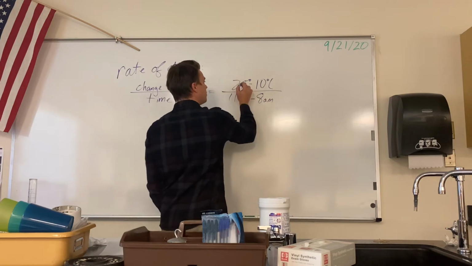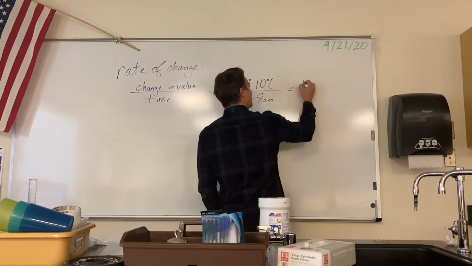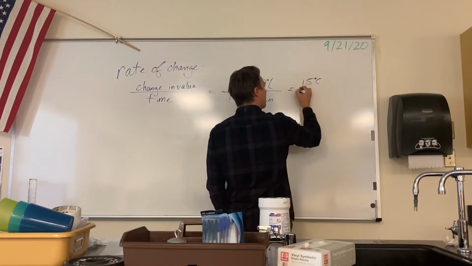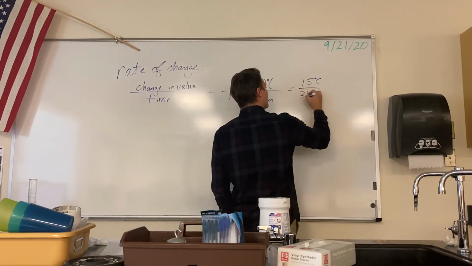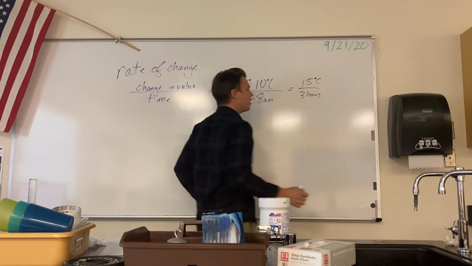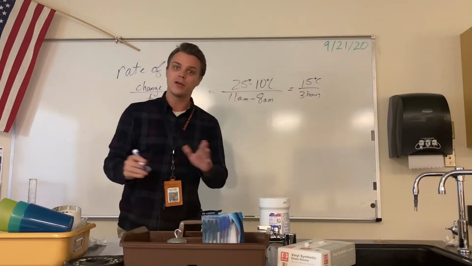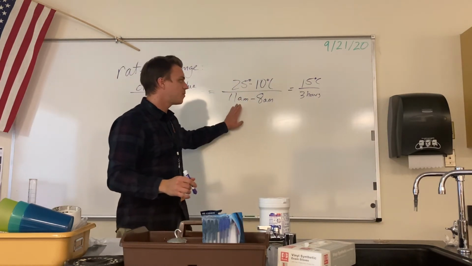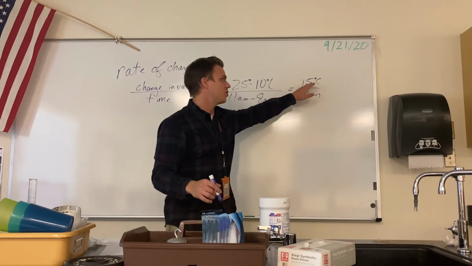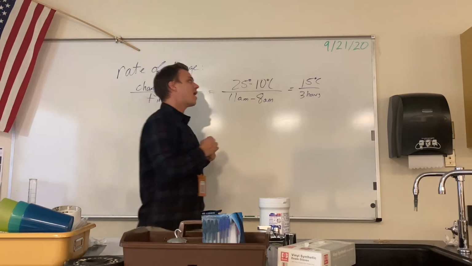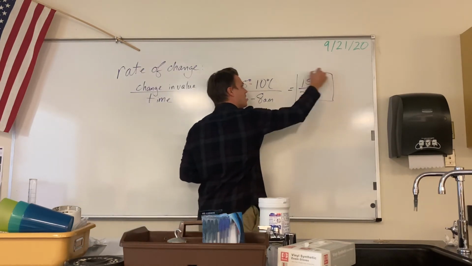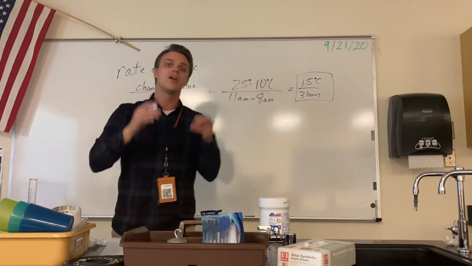If we do 25 minus 10, this is going to be 15 degrees Celsius, and the amount of time between 11 and 8 a.m. is 3 hours. So over a 3-hour period, 8 a.m. to 11 a.m., the temperature changed 15 degrees, going from 10 degrees to 25 degrees. Now we have a fraction here, and we can't just leave a fraction.